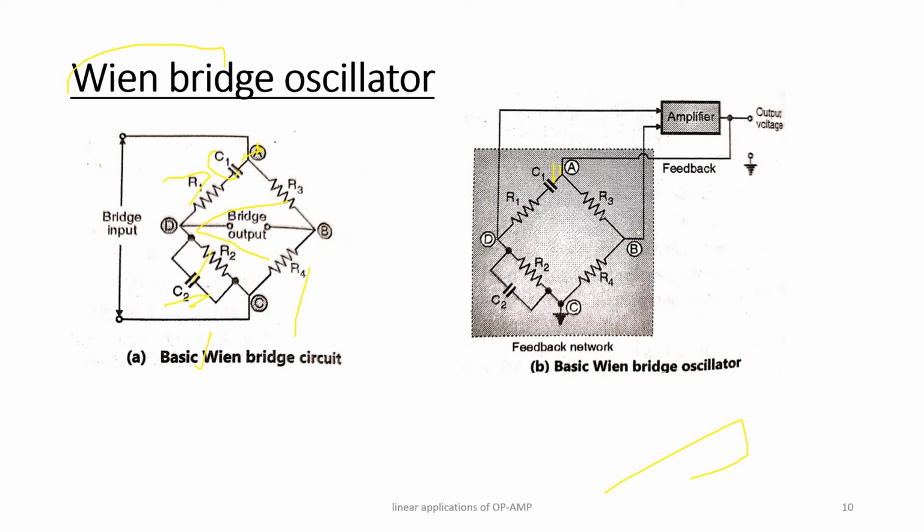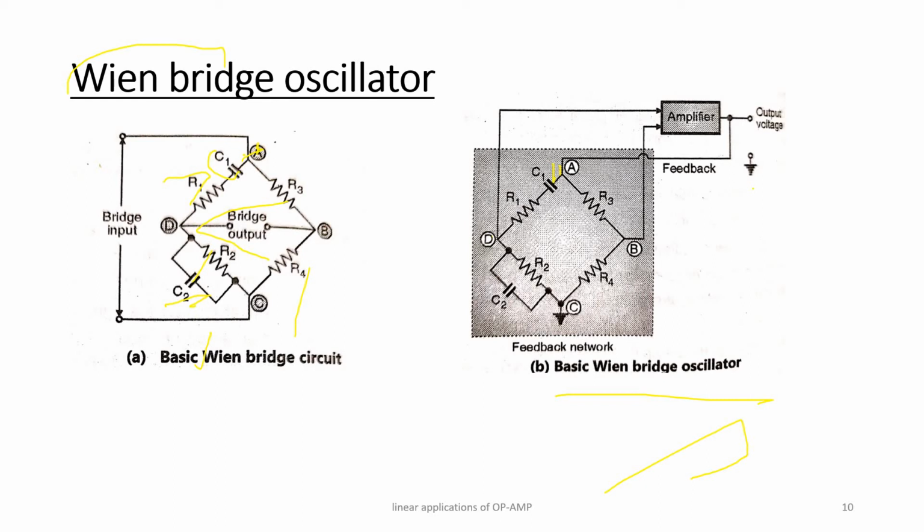In an oscillator, we use the Wien bridge, where A and C is used as the feedback path, and B and D is used as the input for the amplifier and the output of the Wien bridge.